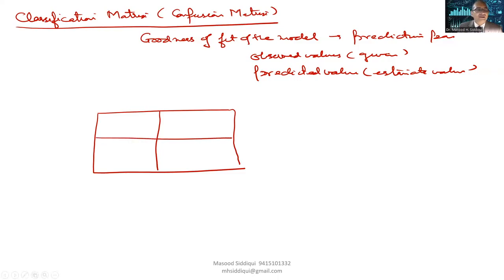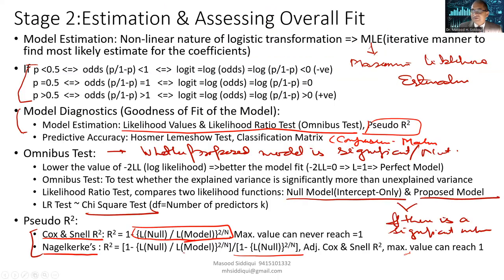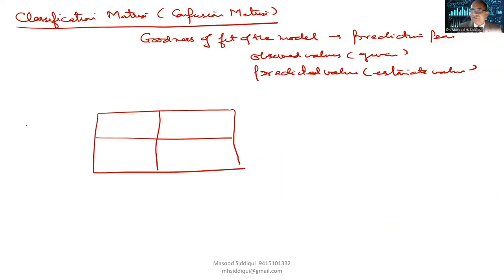In observed values, there can be two values, 0 and 1.